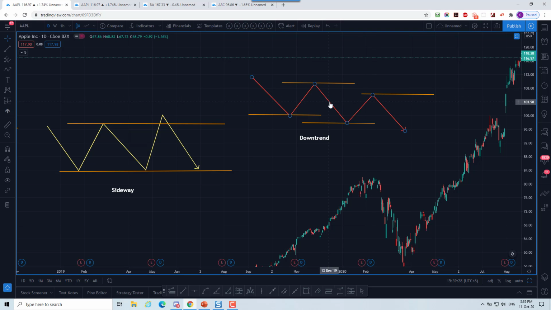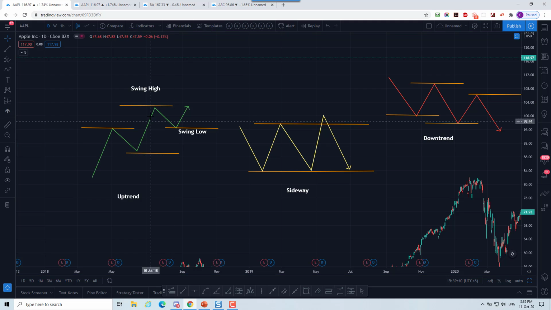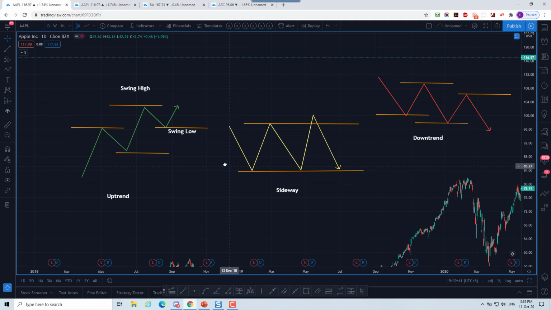The price is always making lower lows and lower highs, and the support of a downtrend is always breached. In the case of an uptrend, the resistance is always breached.